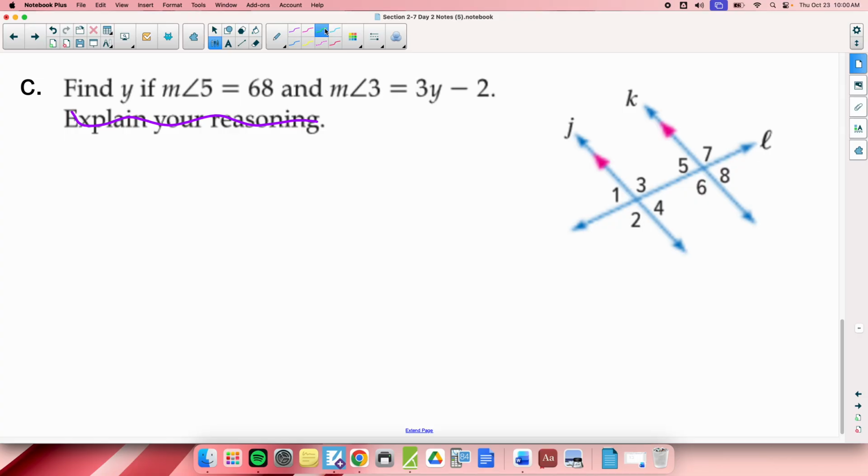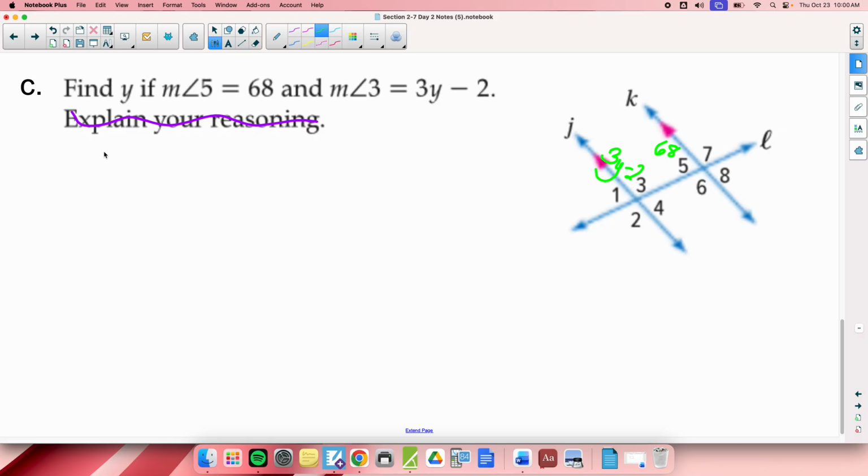Okay? This one says angle 5 is 68 and angle 3 is 3y minus 2. Do we know the relationship between those? They equal 180. Do you guys understand why these ones aren't equal? They're consecutive interior and they equal 180. Now, I'm going to give you guys a little hint. If I have to add two things together, I put the one with the y first.